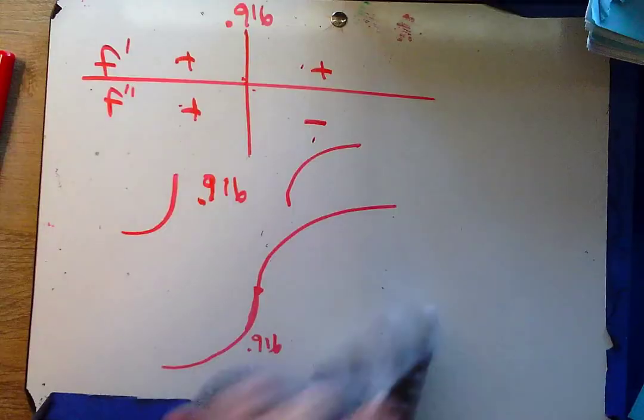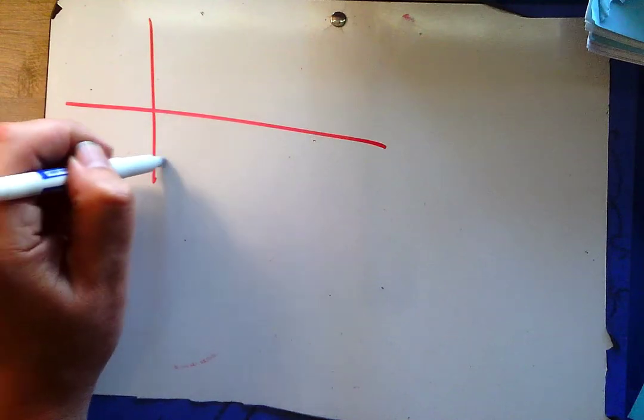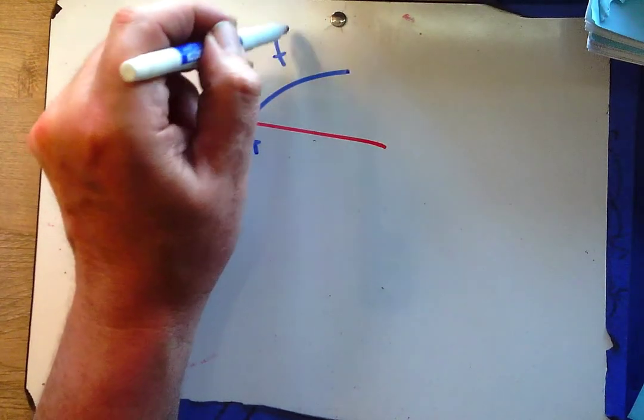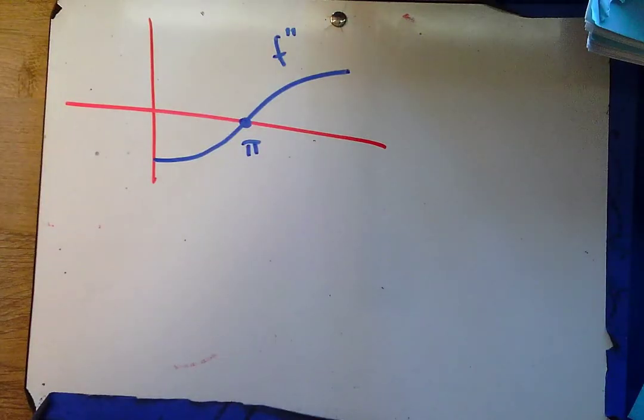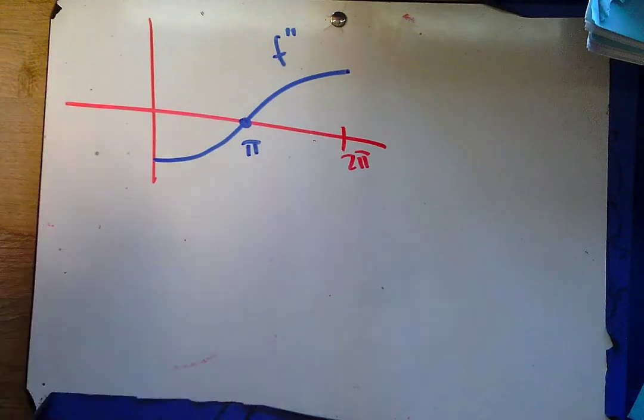How about this one? What if, instead of taking that information and putting it into a table, I gave you this? And here's a graph of f double prime. This is pi. This is f double prime. And let's call this 2 pi out here.